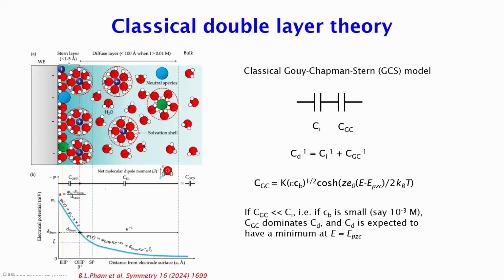So the classic way to determine the potential of zero charge is to go to low electrolyte concentrations, measure the capacitance, and if we see a minimum, that's our potential of zero charge. This was done by David Graham at the end of the 1950s for mercury electrodes, and he basically verified that all these theories were correct for mercury. So that's now textbook material.